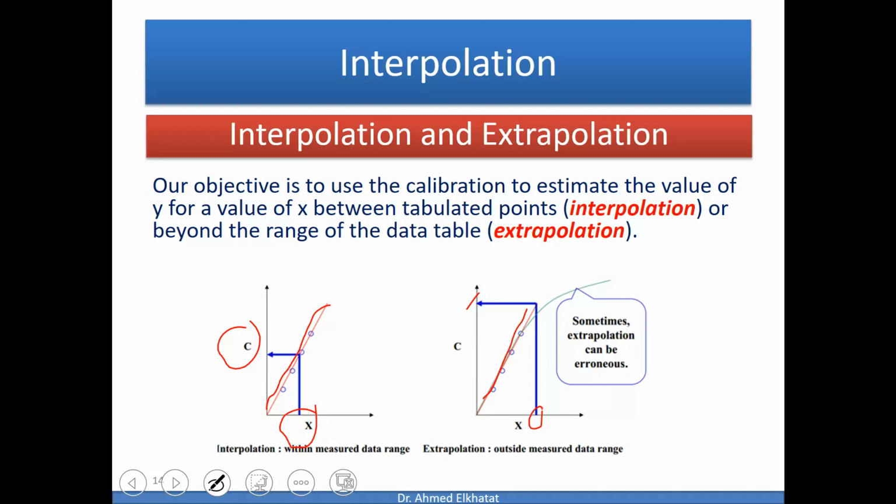But in analytical chemistry, most samples drift to the right or to the left, so you can't assure that this curve will still keep linear as you go beyond the range. That's why extrapolation is not recommended in calibration curves to predict the result of samples beyond the given range. We always use interpolation.